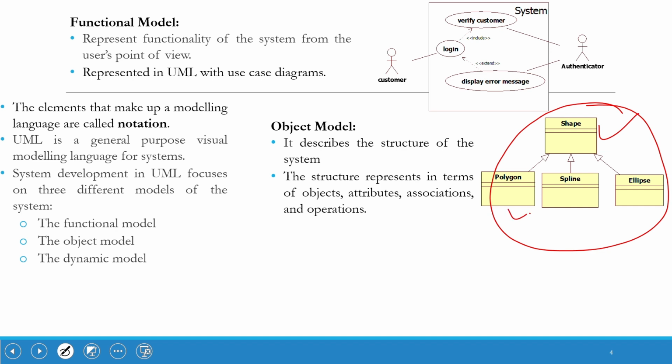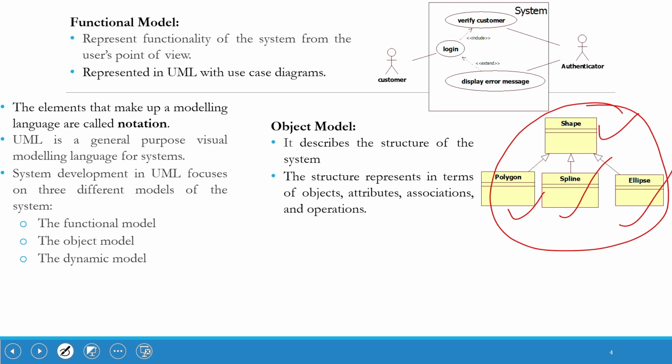For example, let's take this system. This system will have various structures. So these are the parts. Shape will be one of the parts. Polygon is another part. Spline is another part, and ellipse is another part. In object modeling, the structures of the objects are represented in such a way. There is a relationship.